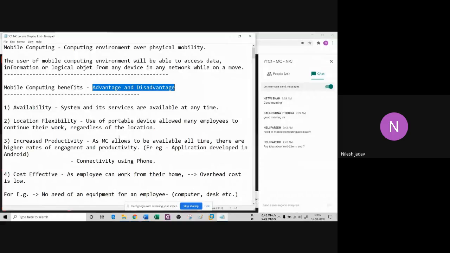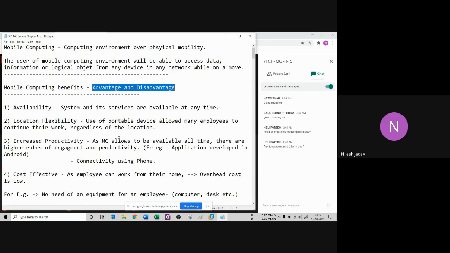So the third advantage here is increased productivity. As you can see here, there is availability as an advantage. Mobile computing allows you to be available all the time, which will give you, as an end result, high rates of engagement.